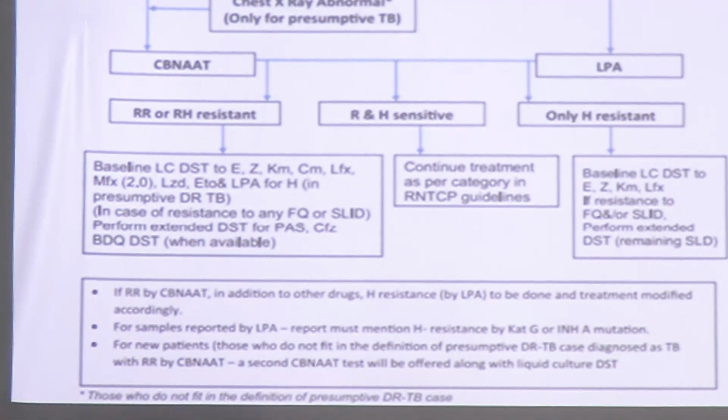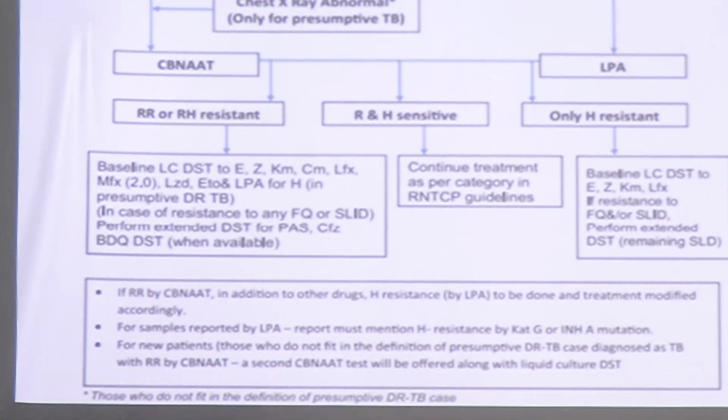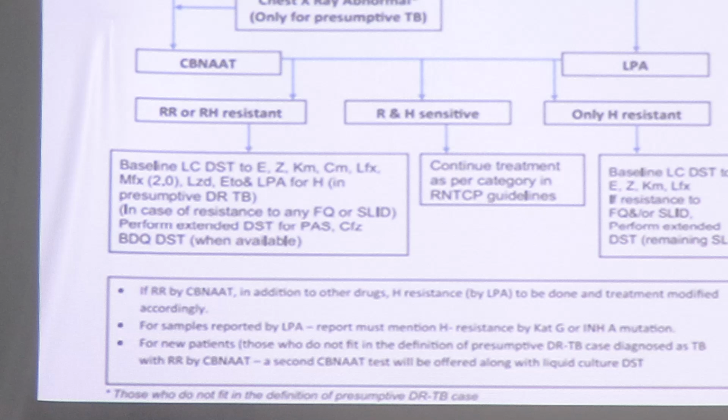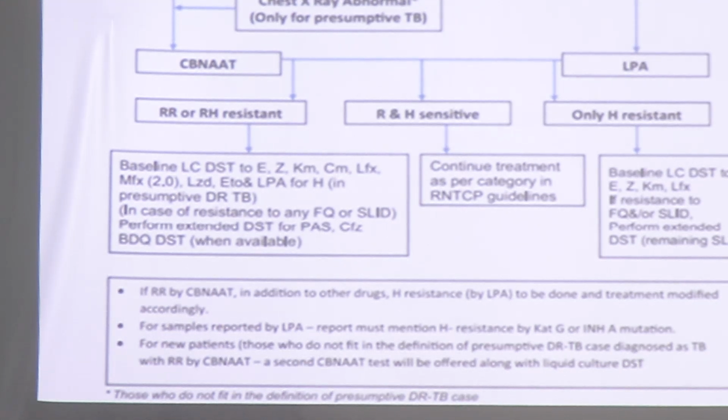Now, another type of algorithm that you should be acquainted with is how to proceed if you are suspecting drug resistant tuberculosis. Why is this important? Suppose a patient is undergoing treatment for tuberculosis, either pulmonary or extrapulmonary, whatever may be the reason, and that patient is diagnosed as a case of drug resistant tuberculosis.